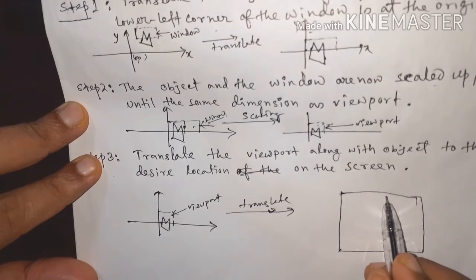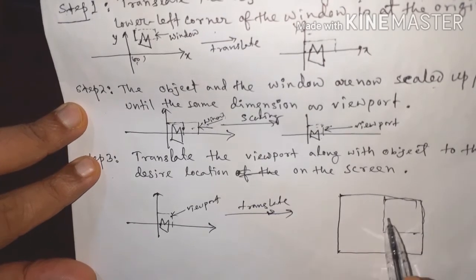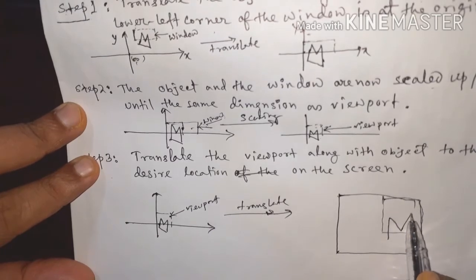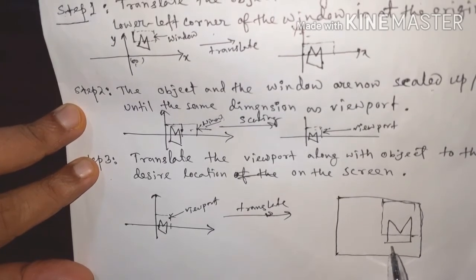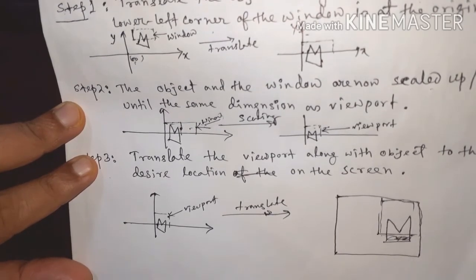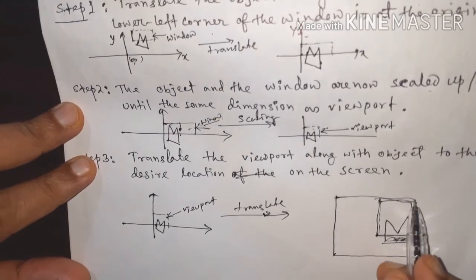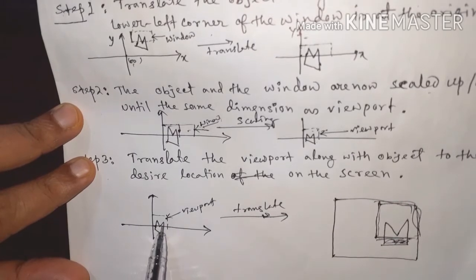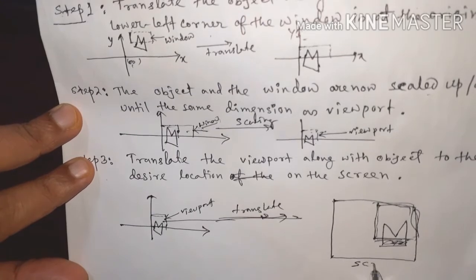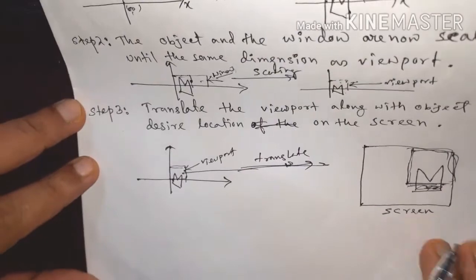So I want to display that portion here, at the top right corner. Only that portion will be displayed and not the other portion. In the screen only this portion will be displayed. This portion will be translated here in the screen.